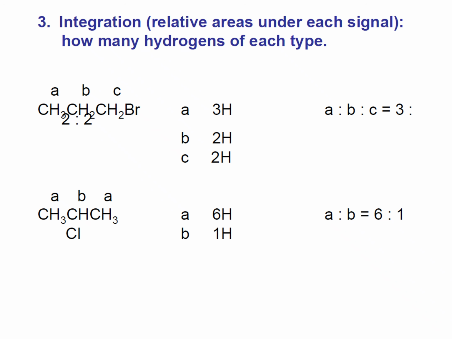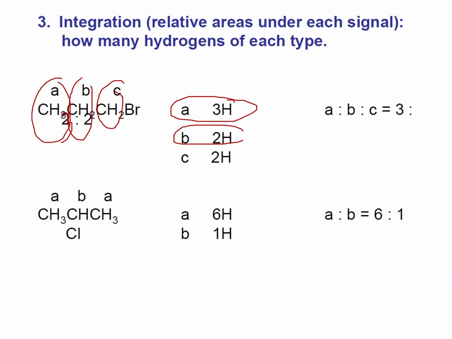For example, just think here, there are two hydrogen, two hydrogen, and two hydrogen. So three environments. Sorry, three hydrogen. So A has three hydrogen, this has two hydrogen, this has two hydrogen. It means how many hydrogen of the same environment are available.